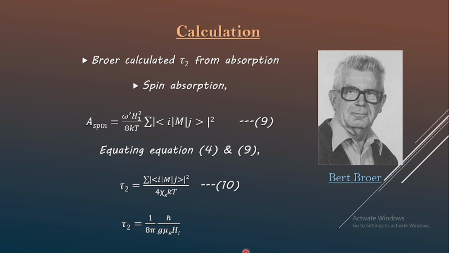So the order remains the same, but they differ by a small numerical factor. So the equation given by Brower is also valid. This is how the calculation of tau 2 can be done.